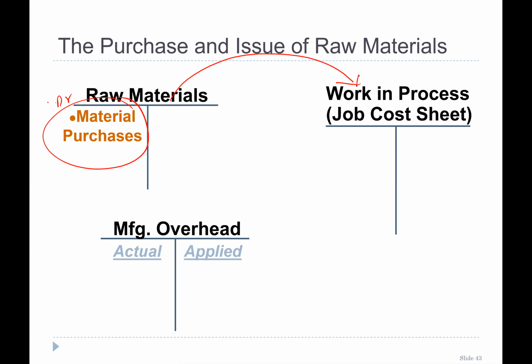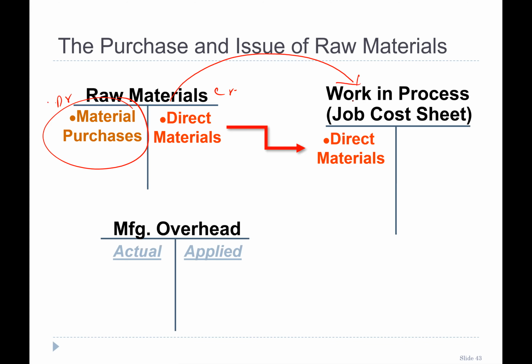A decrease in inventory means a decrease in assets, so that's why it is written on the credit side. So direct material will go to work in progress. Right here, they will make unfinished goods, and then from here we will go to the finished goods section.